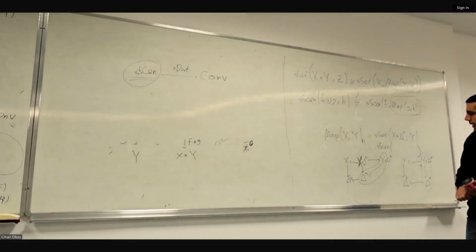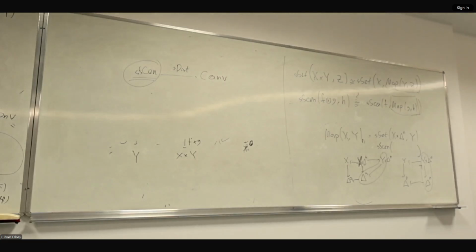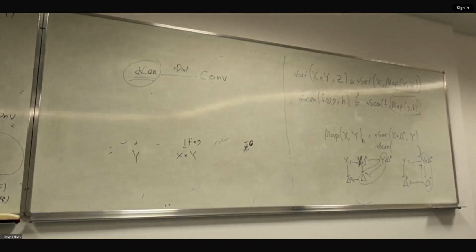But in fact, this map is not the pullback. Just Y, you think? It's not Y. Just a minute. Because I think that's how you define the maps.